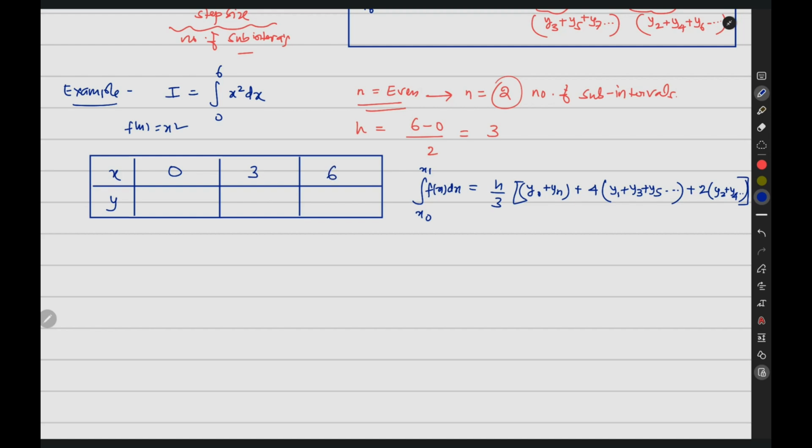Now we will calculate the value of the function at x equal to 0. It is 0. It is 9 and this is 36 when x equal to 6.